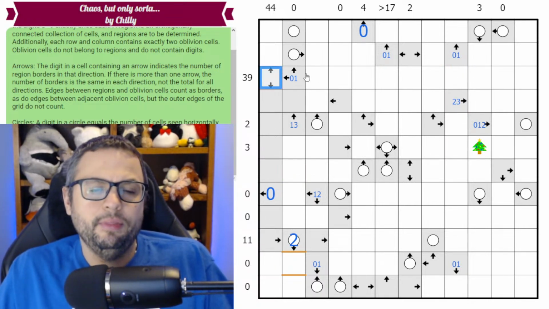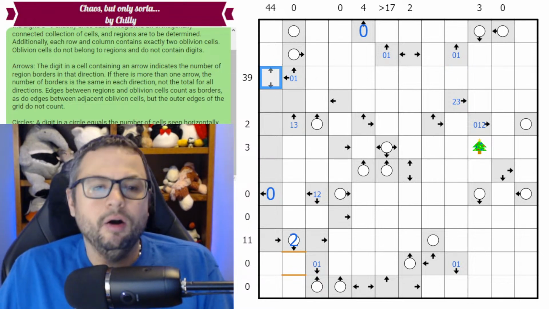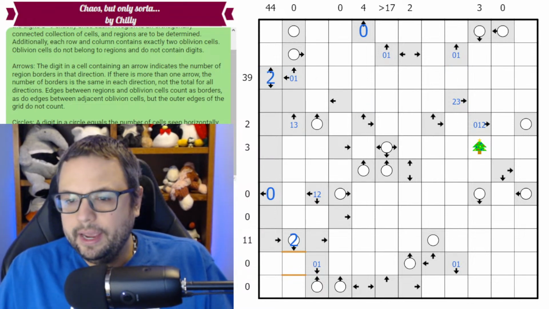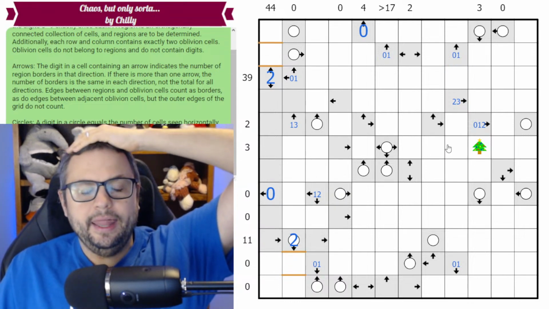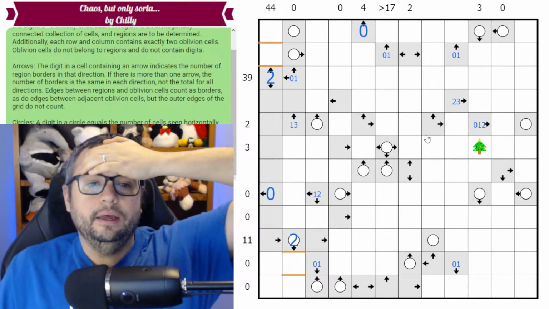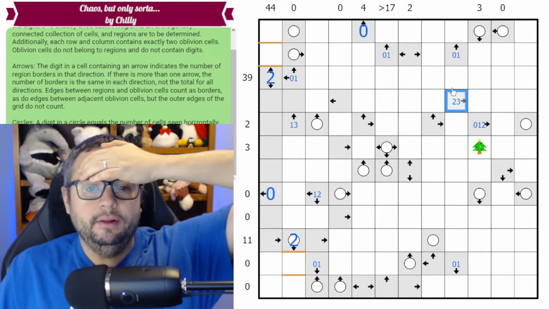Okay, so Selena wants us to count this cell. So it's not 0 and it's not 1, so it can only be 2. Okay, so that forces border, border like that. And I know one of these two is an Oblivion cell.